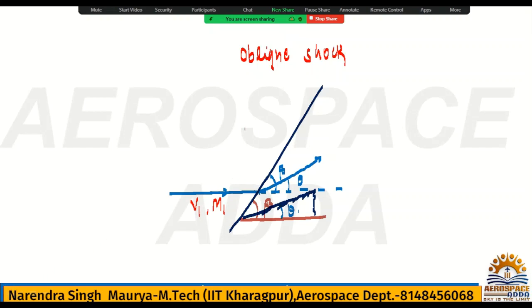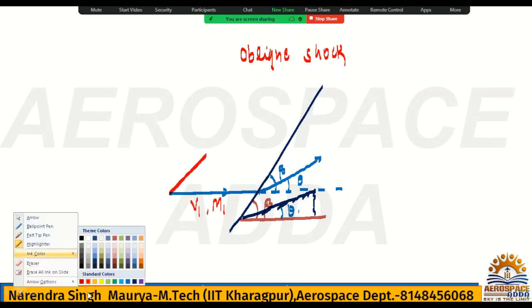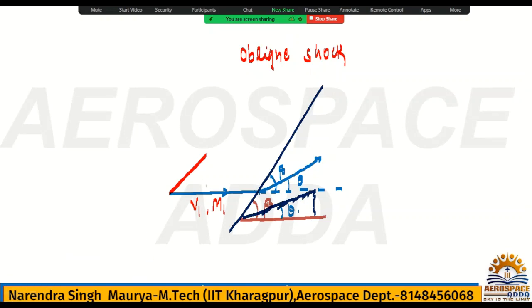So where is the tangential? If this is the oblique shock, I can draw one line parallel to this oblique shock. So this is the parallel line to the oblique shock, and this will be the tangential component of this upstream. And perpendicular, in the sense, we will draw normal to the oblique shock.